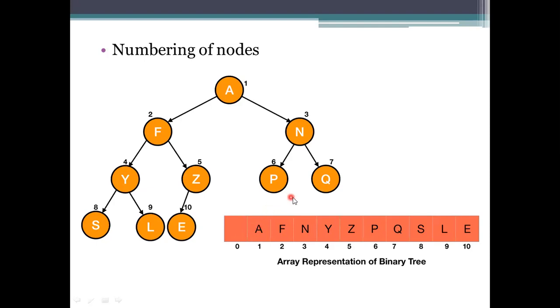And coming to the representation, we represent the elements level by level. This is level 0, 1. From level 2, there are the left child and right child, so 2 and 3. The next node has its left and right child, so 4 and 5, and this one has 6 and 7.